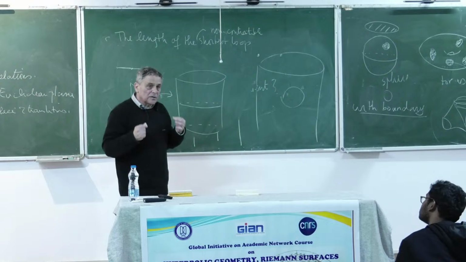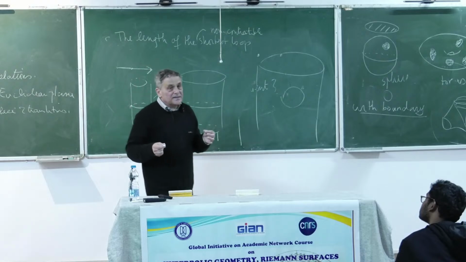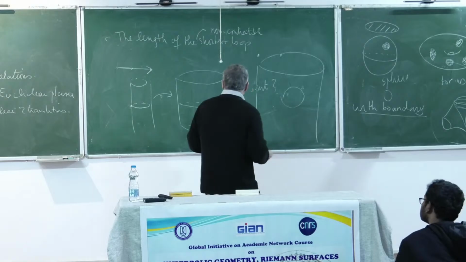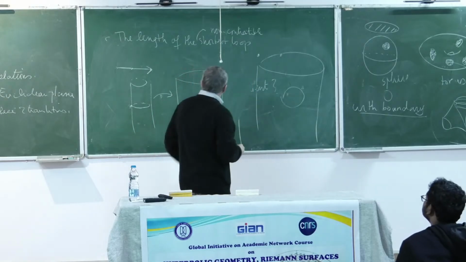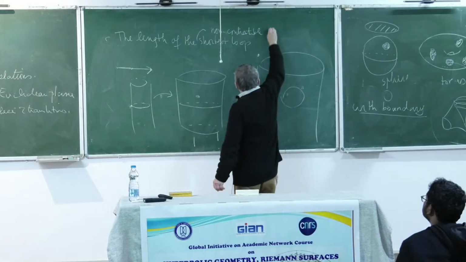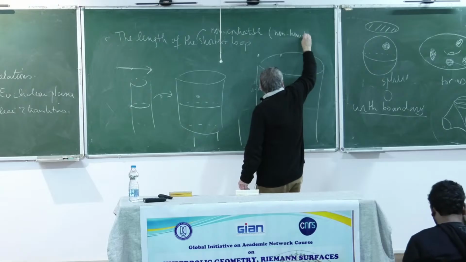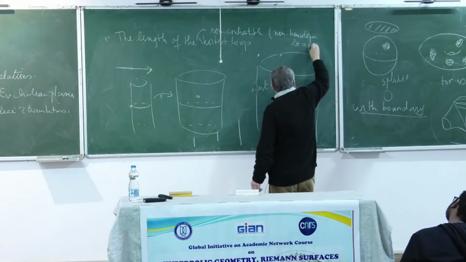The length of the shortest non-contractible loop is an isometry invariant. If I say simply the length of the shortest loop, then its length will be 0 here. You see, this is the shortest loop. So yes, non-contractible, that is non-homotopic to a point.